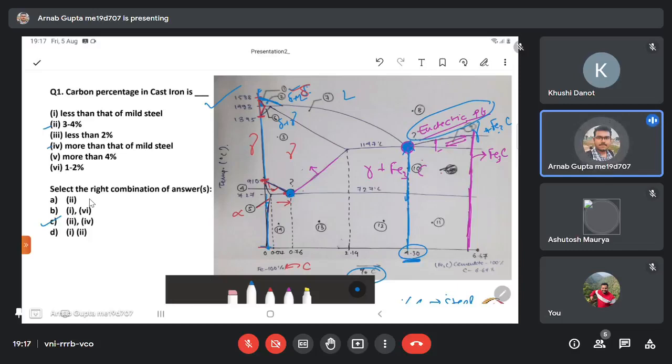Similarly, if we talk about this point 11, so what will be that? It's nothing but ledeburite plus cementite, and I am denoting ledeburite by Ld. Or if we go deeper into the microstructure, which I will discuss after some time, we will see that this particular cementite is formed at the grain boundaries.